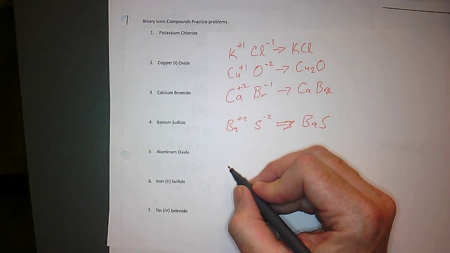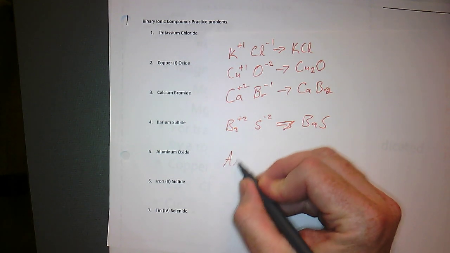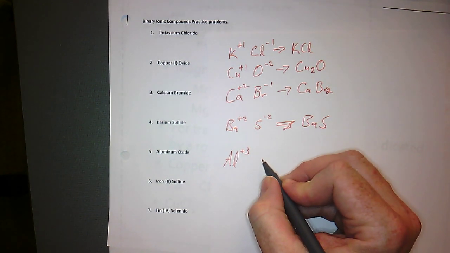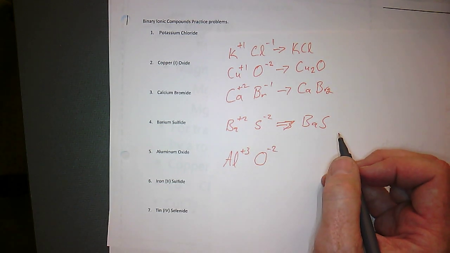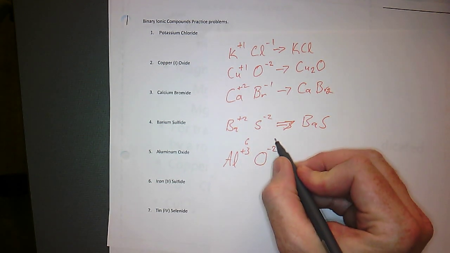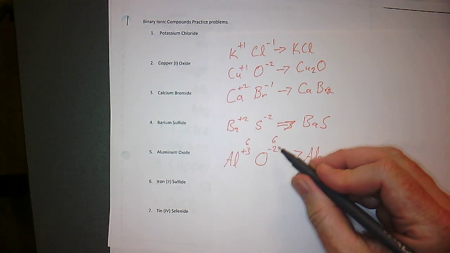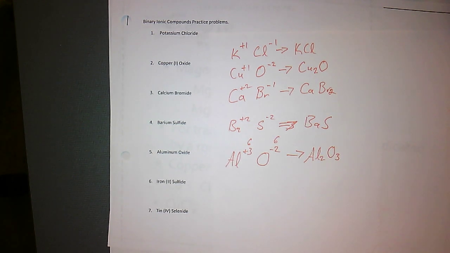Oh, guys, this is the one that a lot of people messed up last hour. Aluminum, what's its charge? +3. And oxygen? -2. What did 2 and 3 both go into? 6. What's 6 divided by 3? 2. So Al2, what's 6 divided by 2? 3. O3.